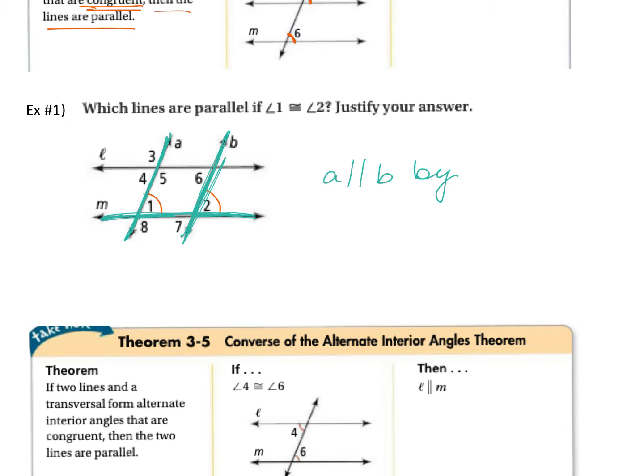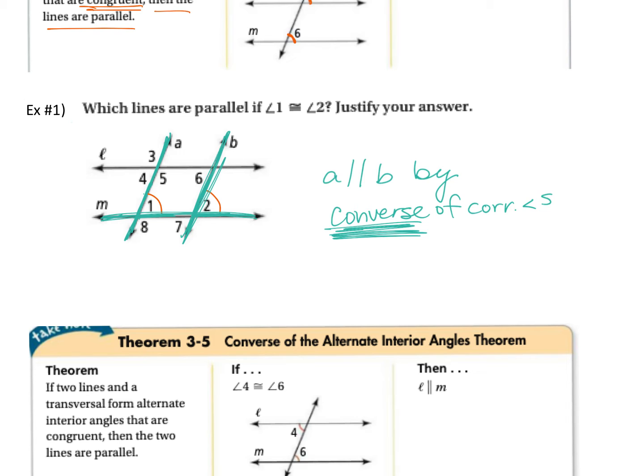It's because of the converse of corresponding angles, right? And this I'm picky about because it's different. We're proving lines parallel, so it has to be the converse, okay? So just make sure, like on the test, on the quiz, if I say which lines are parallel, you need to say by the converse of, fill in the blank, whichever types of angles we're working with.